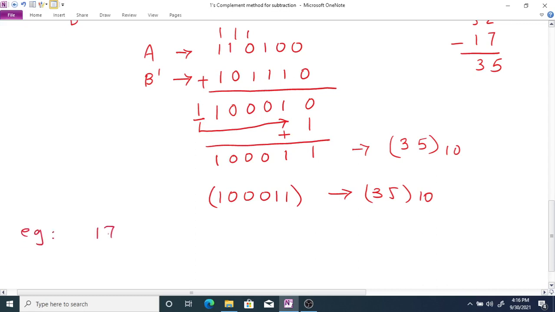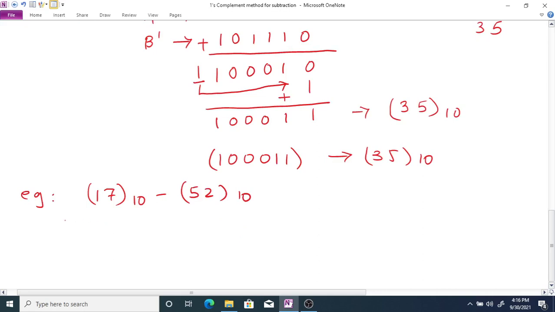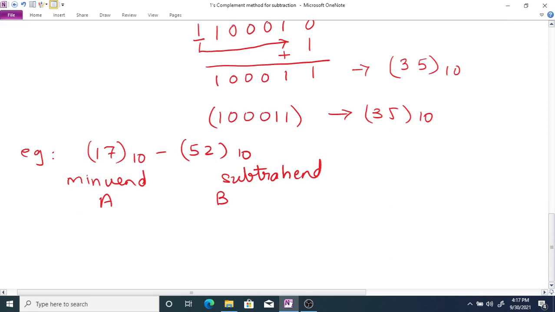If we have 17 minus 52, so here minuend will be 17 and subtrahend will be 52. So 17 will be A and 52 will be B. Now again we have to write the binary form for 17.